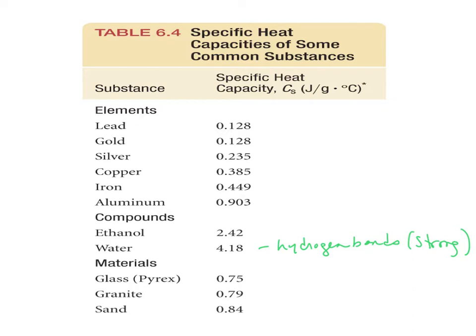So at the ocean, there's lots of water vapor in the air, and the temperature of the air doesn't go up or down so much because all of the energy is needed just to break the hydrogen bonds in water molecules, as opposed to the desert where the water vapor is very low and the heat just heats up everything else in the air, the nitrogen and the oxygen and so on. That's a good example there.